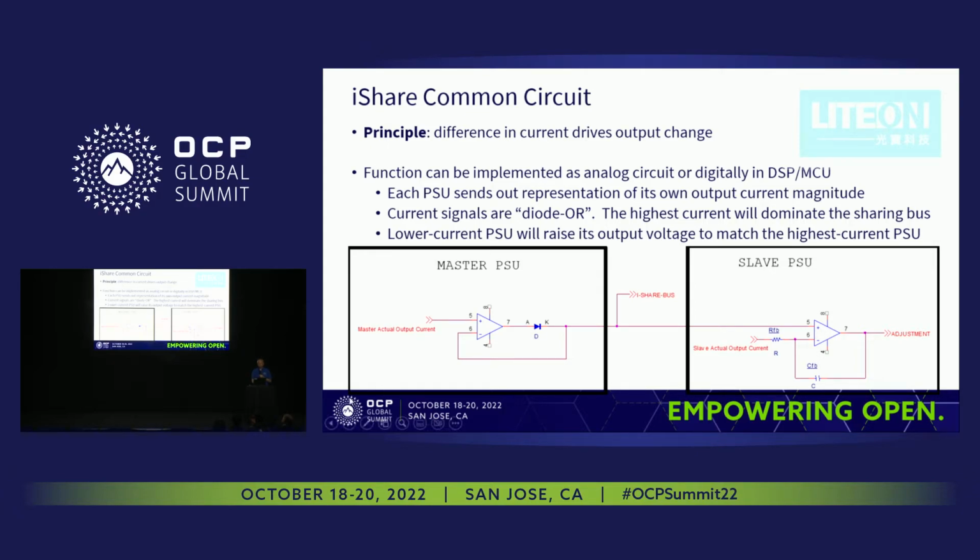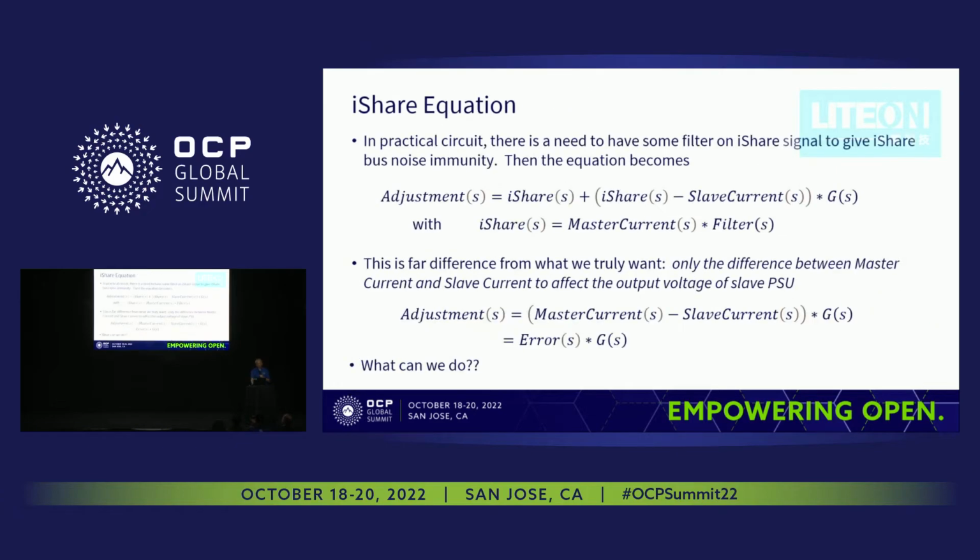So it's going to be a problem because it has to swing so fast that it's difficult to make it stable. And if you put some kind of capacitor on it, then your output current signal doesn't follow your actual current. That's another problem.